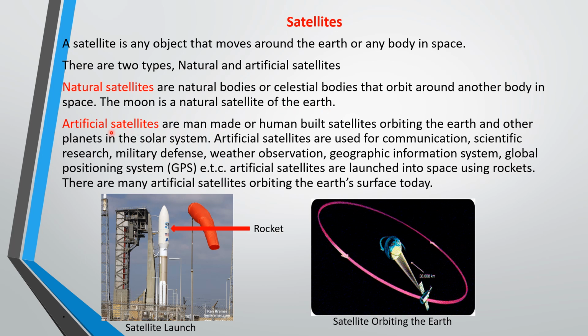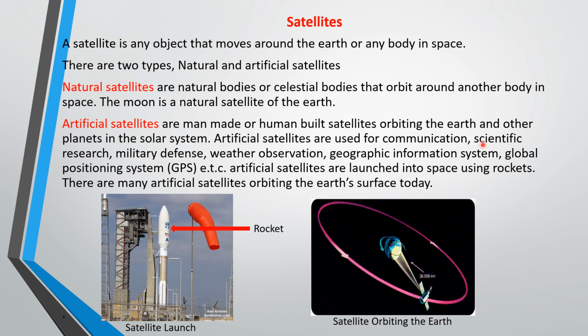Then we also have what are called artificial satellites. These are basically man-made or human-built satellites that orbit around the Earth and other planets in the solar system. As I said before, artificial satellites are used for communication.